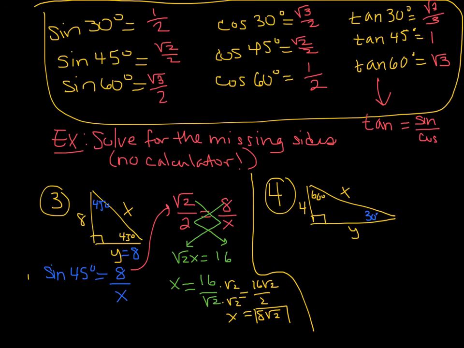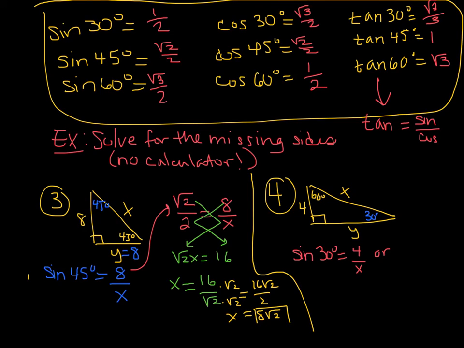So I'm going to start by finding that x. And I can find that x one of 2 ways. I can either use the 30 degrees and say that sine of 30 degrees equals the opposite over the hypotenuse, which is 4 over x. My other option is to use the 60 degrees.